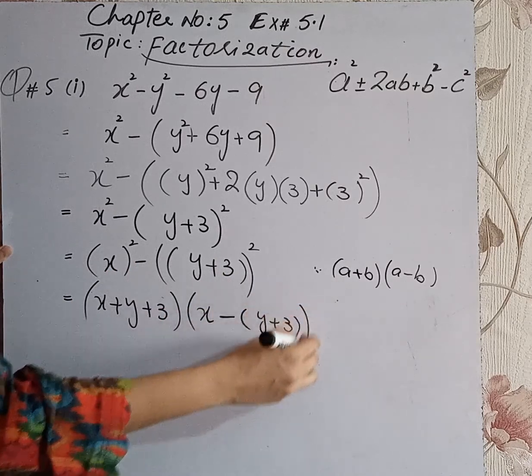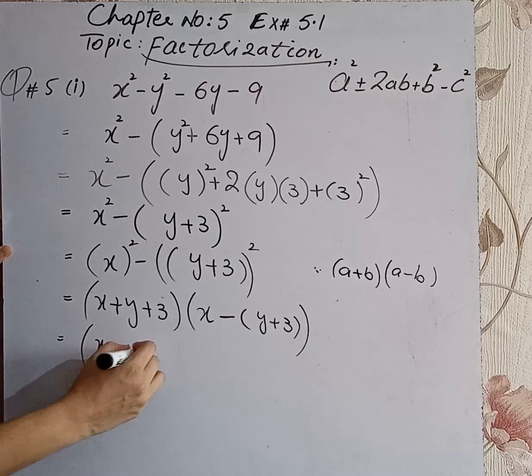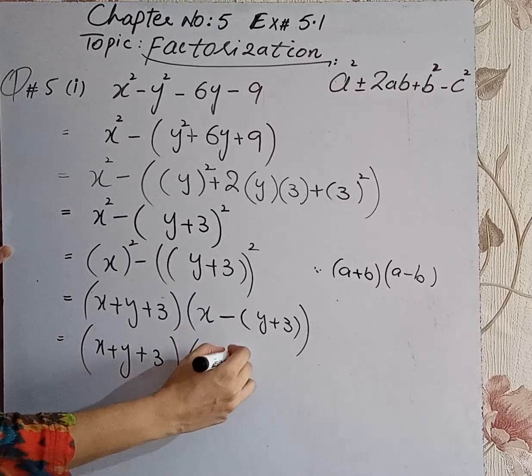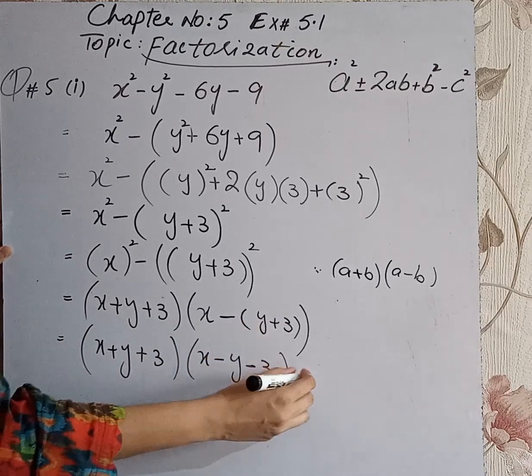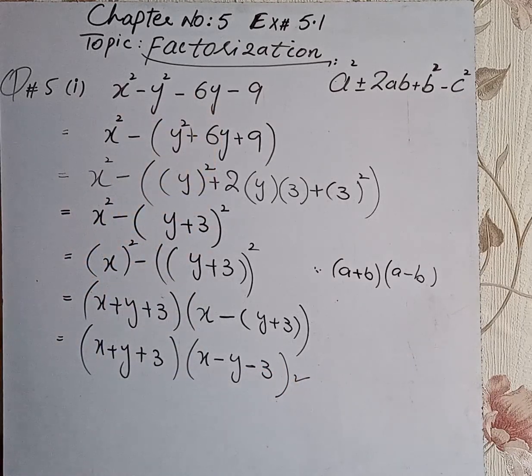This is the value of b. In the next step, x plus y plus 3, x minus y, and minus plus minus 3. So these are now the factors of this given expression. First we completed the square, then we used the formula of the difference of two squares.